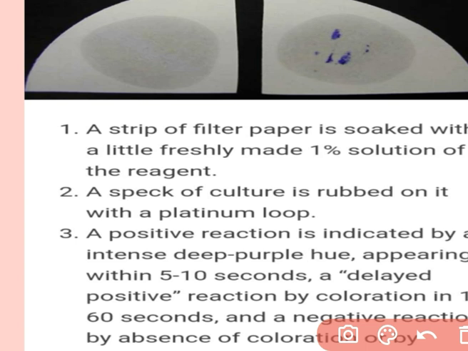The positive reaction is indicated by a formation of a deep purple color. If such color is not formed within 5 to 10 seconds or in 1 minute, then we can say that test is negative.